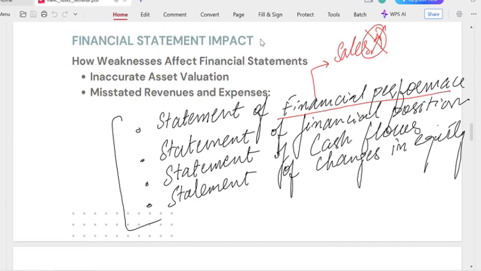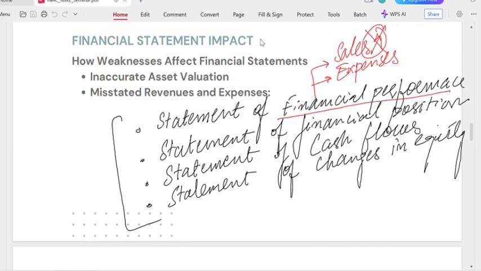So if the sales are overstated, it means the financial statements are not representing a true and fair view, right? In the same way, you don't want your sales to be understated either, right? So in the same way, expenses should not be overstated or understated, okay?